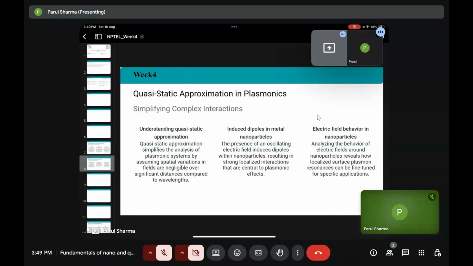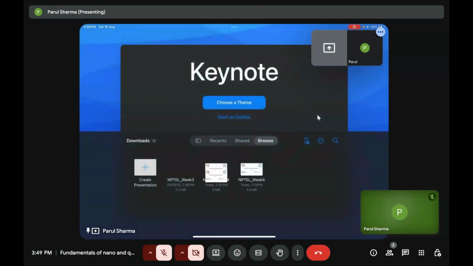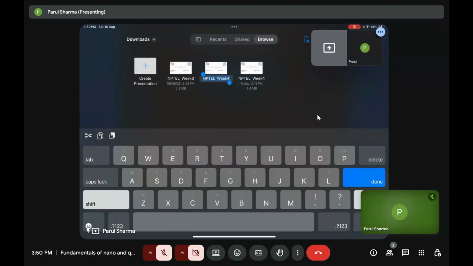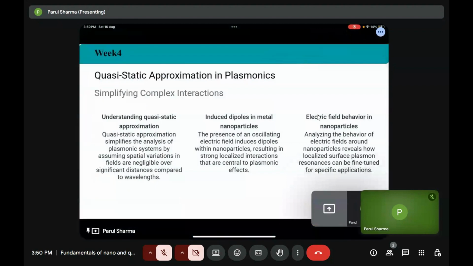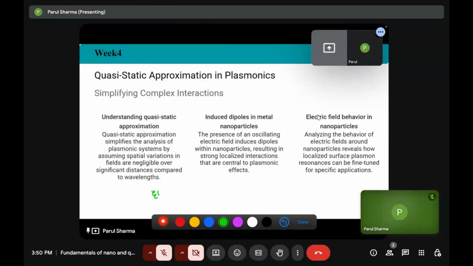My screen is connected. So what is the quasi-static interaction? Our E is interacting in matter.